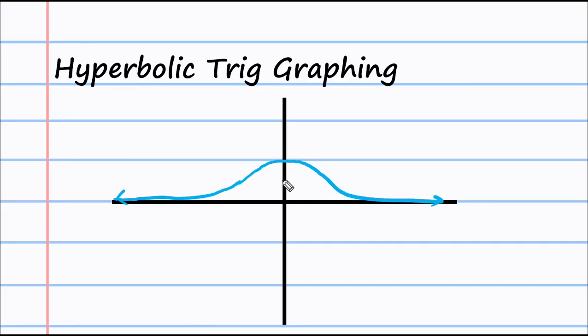As you get further and further away from x equals 0, the function gets closer and closer to 0. And at x equals 0, the function equals 1. So that's just 0, 1. And this is the graph of sech x.